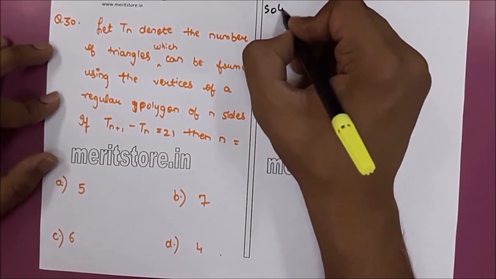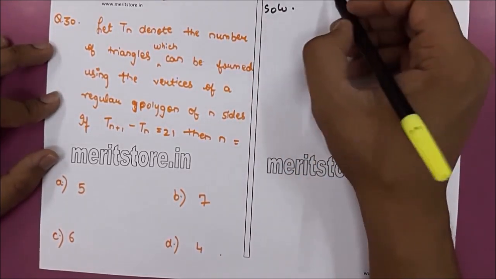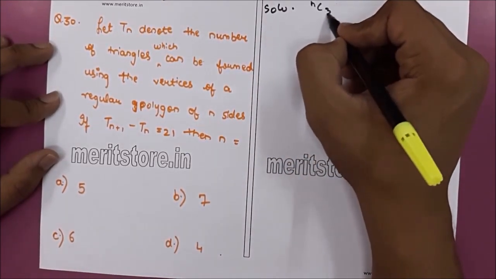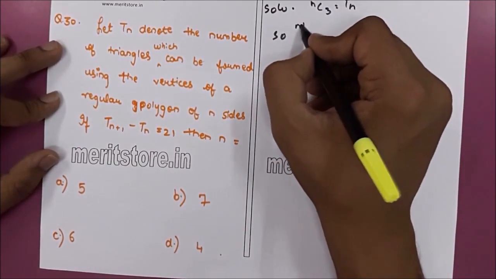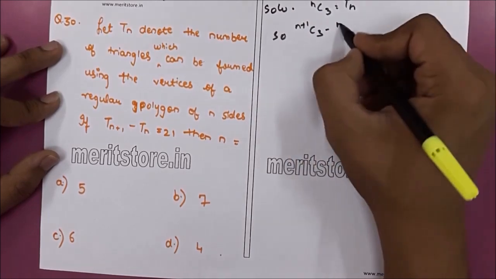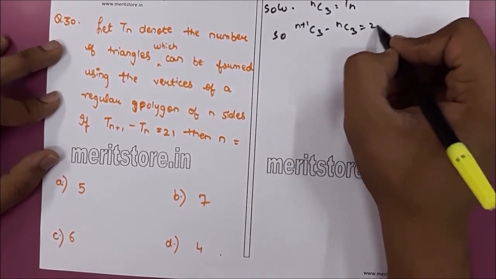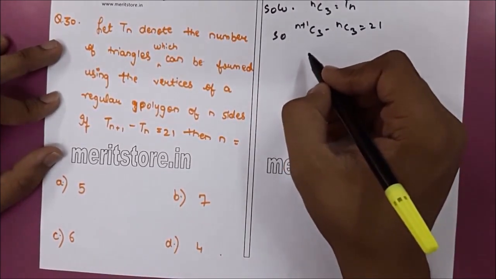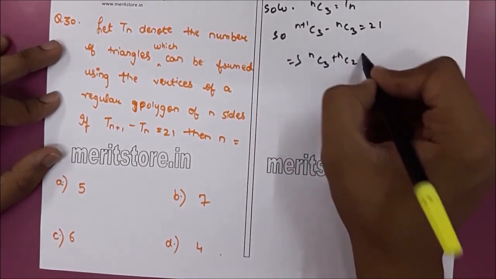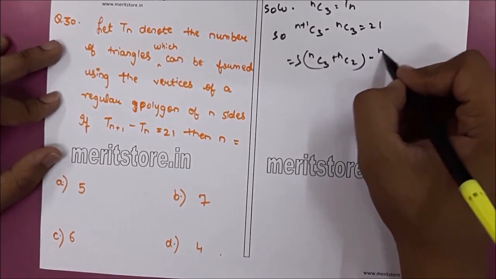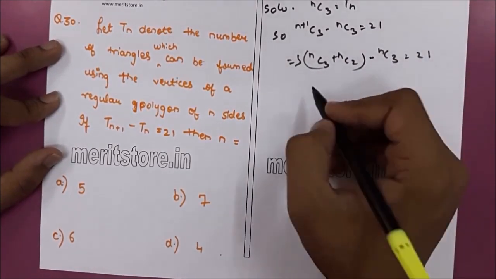Therefore the solution is clearly nC3 is equal to Tn. So n plus 1 C3 minus nC3 is equal to 21, that is equal to nC3 plus nC2 minus nC3 equal to 21.